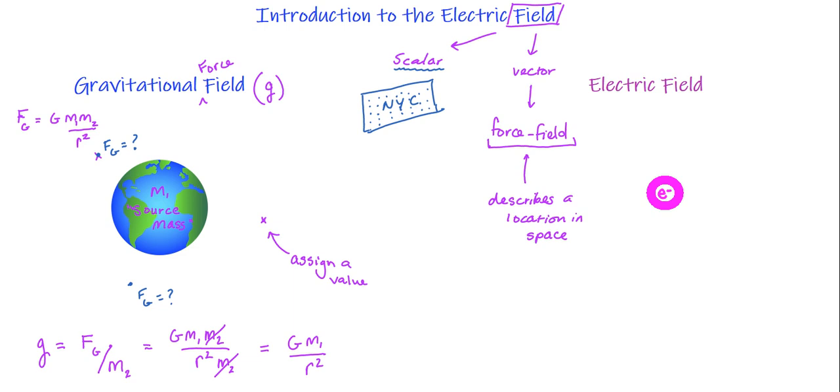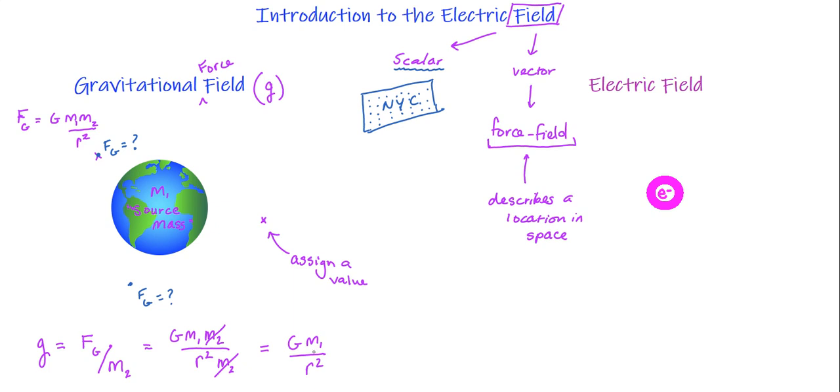That's a really clever way to describe how much gravitational force would be there per unit of mass placed. I don't have a mass there yet, but once I define what the mass is that's placed there, then I can know the gravitational field. So it's actually a very clever way.